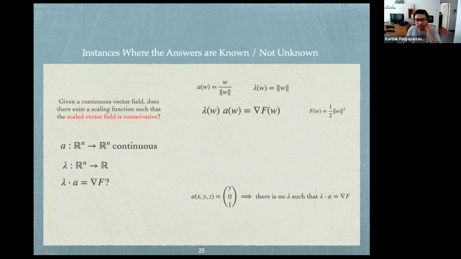The counterexample is, if we are in R3 with X, Y, Z as the coordinates, suppose A of (X, Y, Z), which is now a vector, is (Y, 0, 1). If we take this vector, one can show that there is absolutely no lambda such that A times lambda is of the gradient form. Because if at all there were a lambda such that lambda times A is of a gradient form, then some necessary condition is going to get violated.